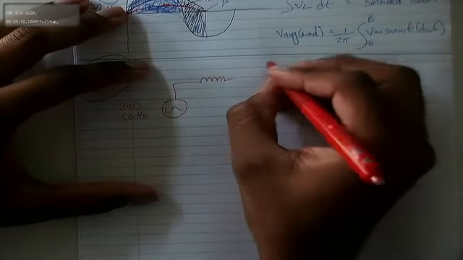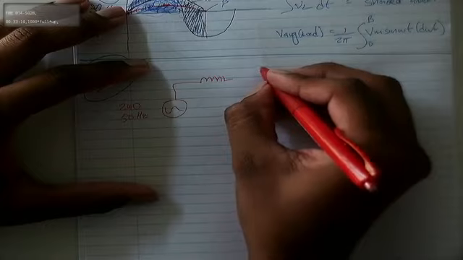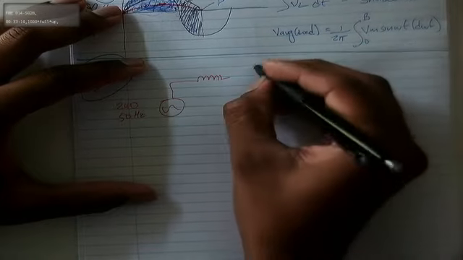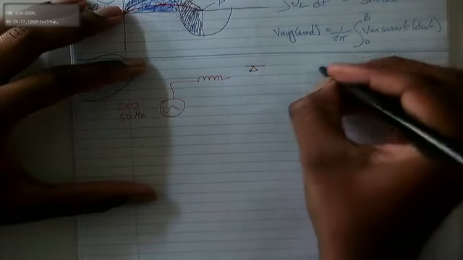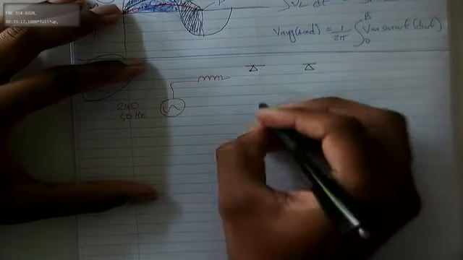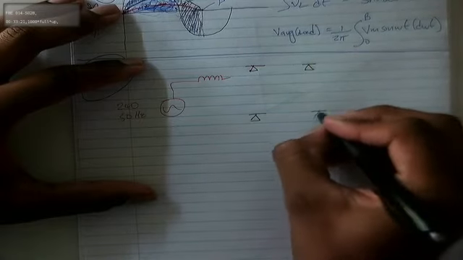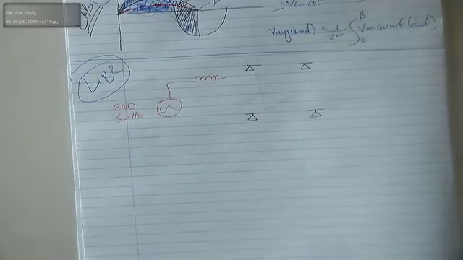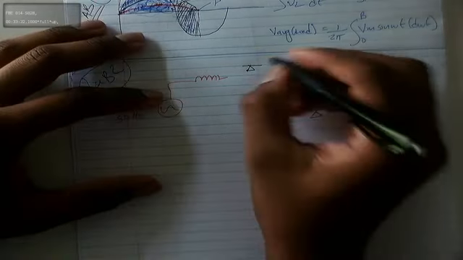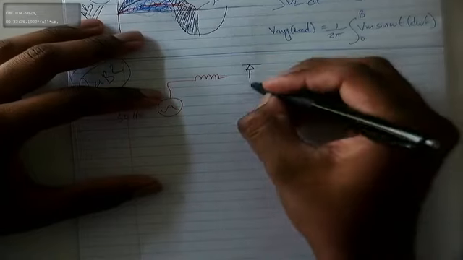Now we'll have four diodes: 1, 2, 3, 4. This is not a new circuit. Previously you have seen this circuit in a diamond form. Now this is going to be connected here.